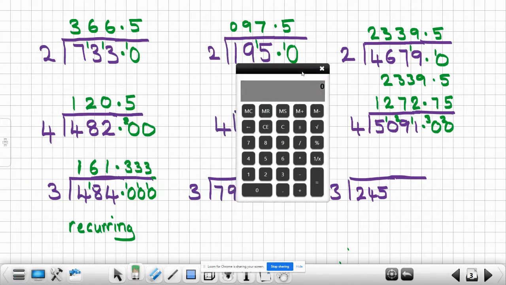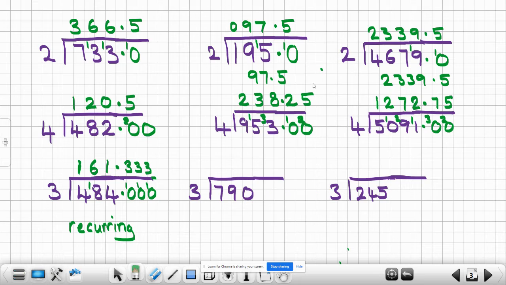But I'm sure at some point you will have seen this where you've tried to divide a number by 3. And what we end up with is this recurring number. And so you just have to go long enough with your division until you know that that's just going to keep happening. Brilliant.